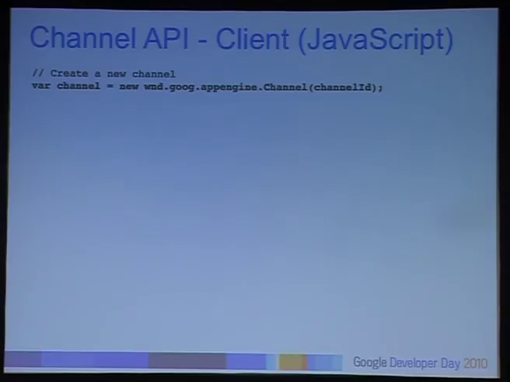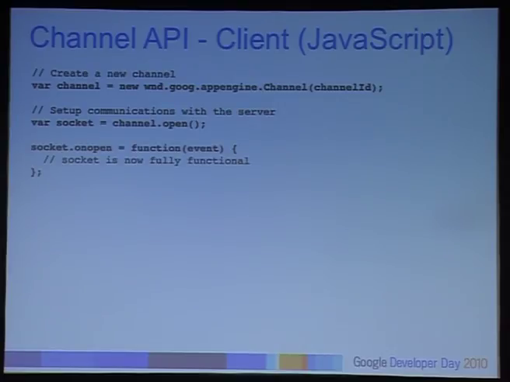Even before this, the very first thing is that script tag that you include on the page. But now, if you want to use it, create the channel, open up the channel, which gives you a socket, and then you set up an on-open callback. Once the channel opens up and the socket's ready for communication, you'll receive a callback so you can set up the status and say online.